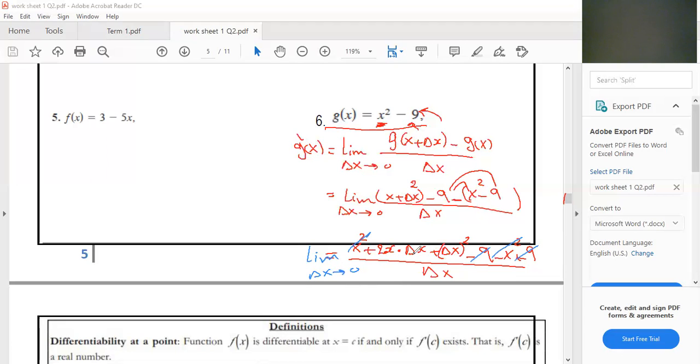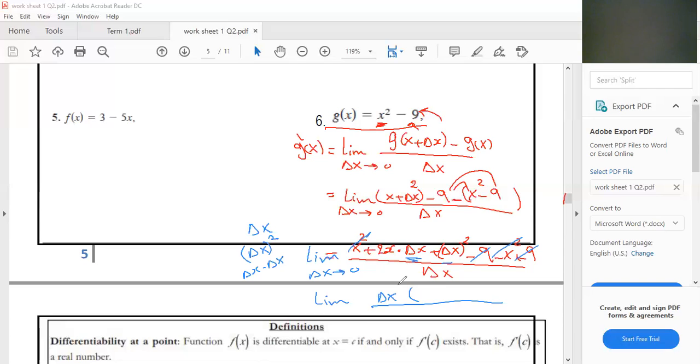Here I have to take delta x as a common factor. Delta x squared means delta x multiplied by delta x. Clear? I take delta x as a common factor. It will be the limit, and I take delta x as a common factor.